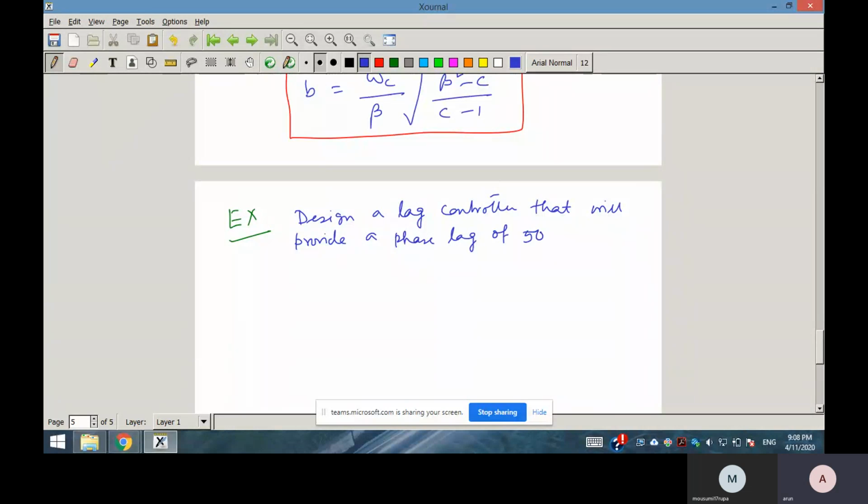Although I have written 50 degree, normally that much phase lag we will not have; phase lag will be 10 degree, 15 degree, like that. So just for numerical illustration, we are considering this example: phase lag of 50 degree and attenuation of 15 dB at 2 radian per second. So solution.